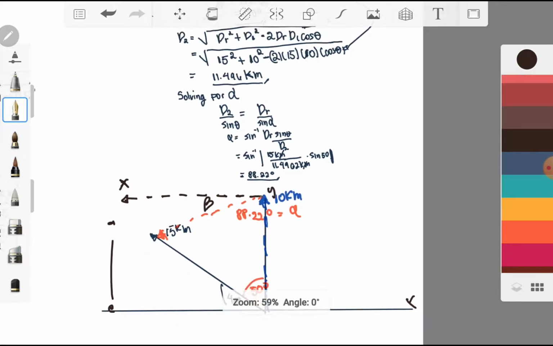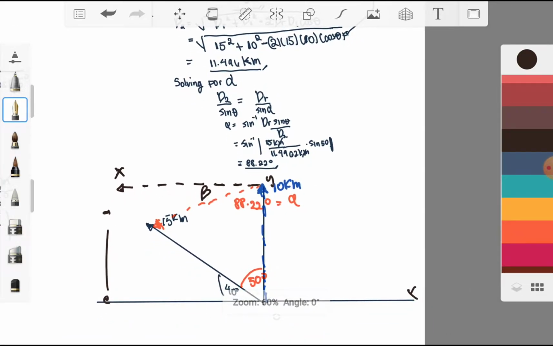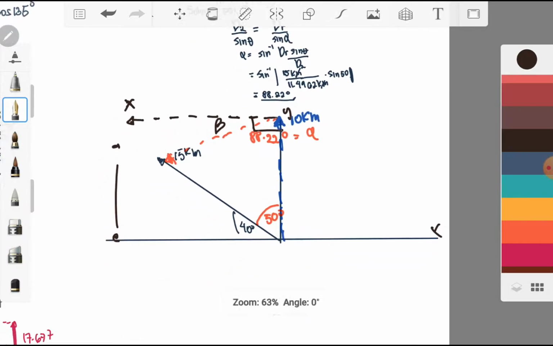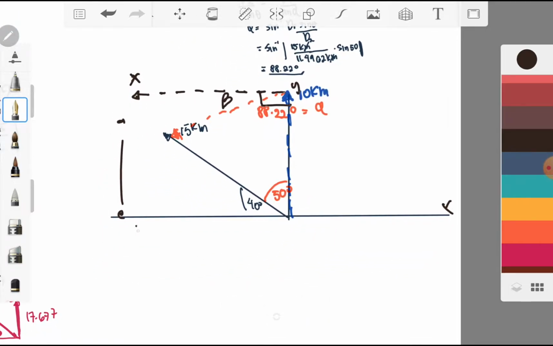Okay, therefore, how to calculate my beta? Using the complementary principle, they are complementary angles, your beta and 88.22 degrees. So we have 90 is equal to beta plus 88.22 degrees.